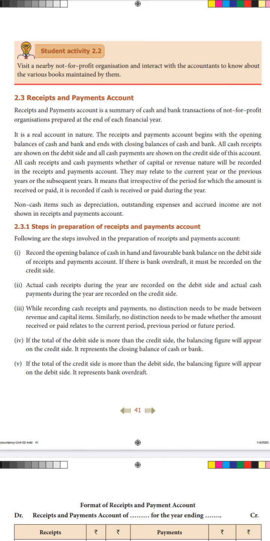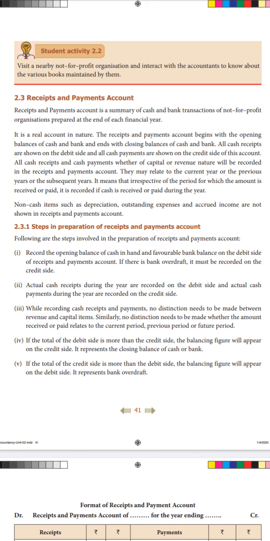Here in this account you will enter all the receipts, that is whatever you receive, on the debit side, and whenever we make any payments, those will be entered on the credit side. All the transactions, whether revenue in nature or capital nature, will be recorded in this account.